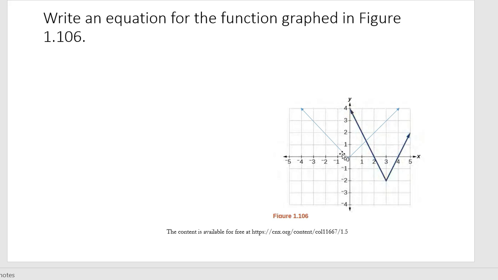So we shifted 3 units to our right and 2 units down. So 3 units to our right and 2 units down.